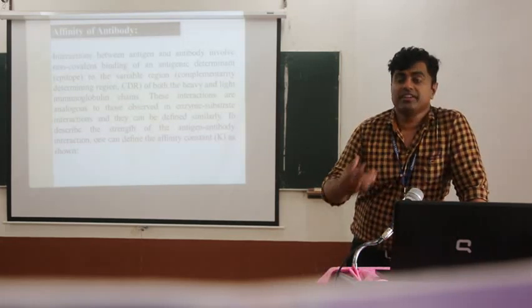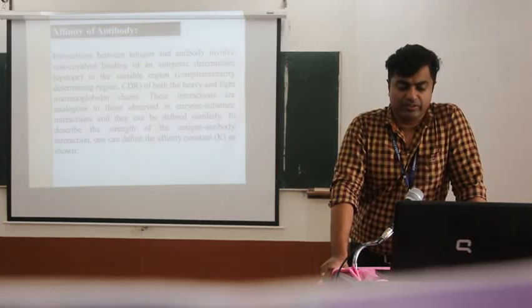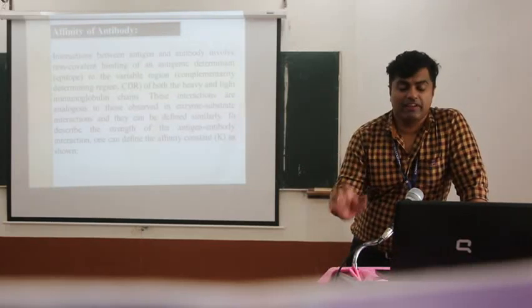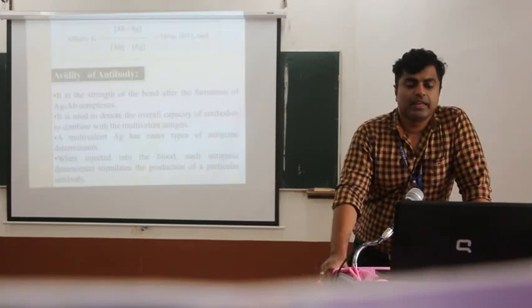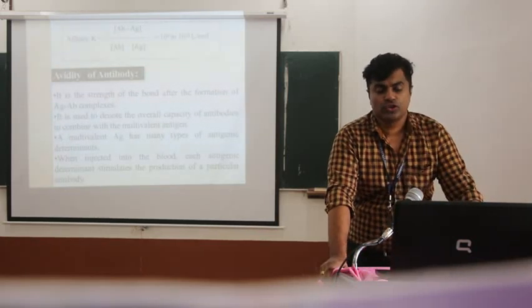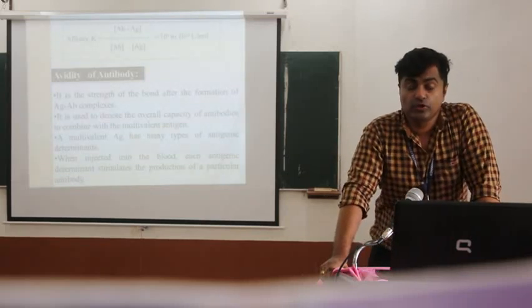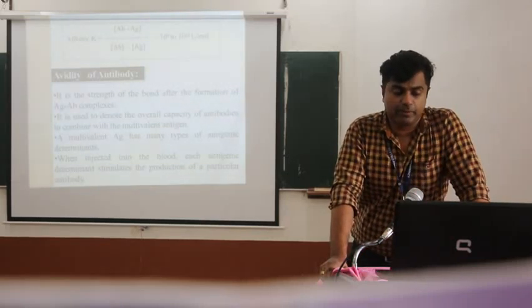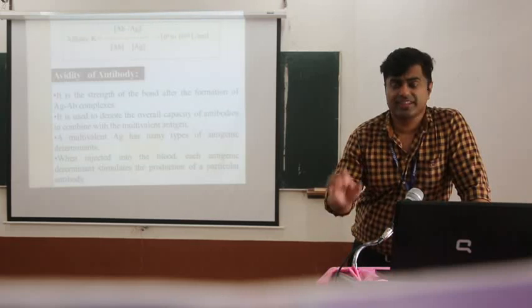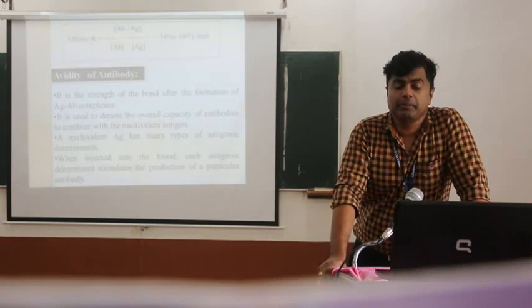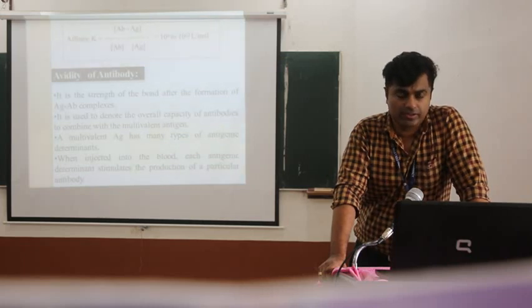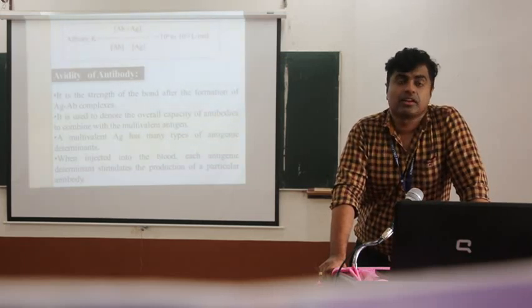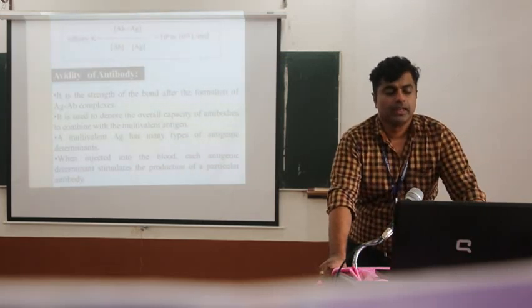In order to define the strength of the antigen-antibody interaction, we use an affinity constant K, and the value of this affinity constant is 10 raised to 4 to 10 raised to 12 liter per mole. It is obtained by dividing the concentration of antigen-antibody complex by the product of the concentration of antigen and the concentration of antibody.